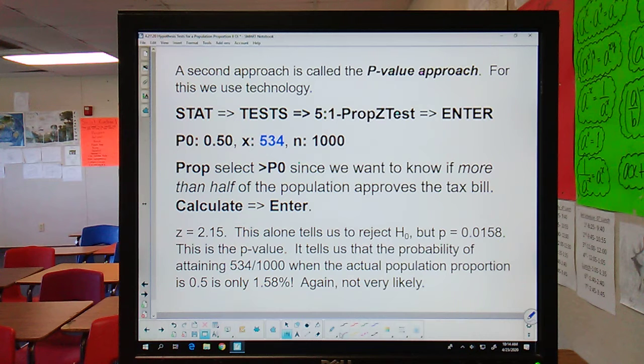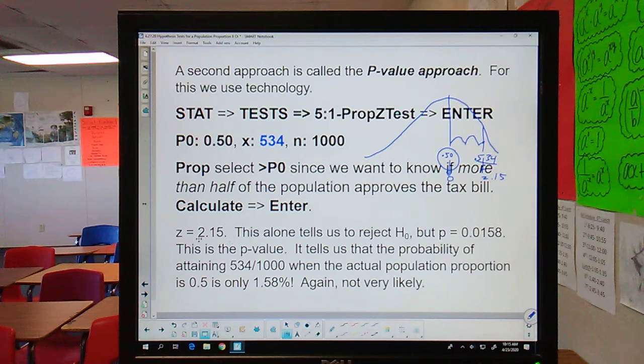If you're asking how you know that, remember what you guys are always telling me: if your mean is 0.5 and you end up getting 0.534, 534 out of 1,000, and you convert that to a z-score, it would be 2.15, which means the 0.534 is more than 2 standard deviations above the mean.